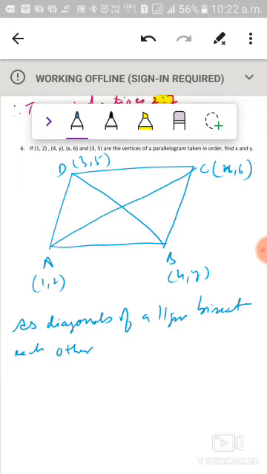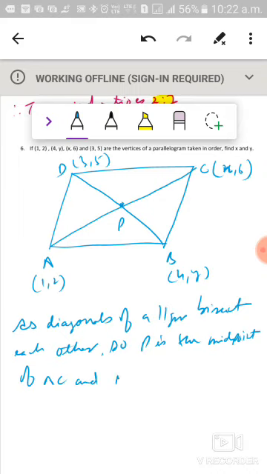Okay, so let us say this point is P. So P is the midpoint of AC and BD. So P will be the midpoint of AC and BD. Okay, so first of all we'll find P.